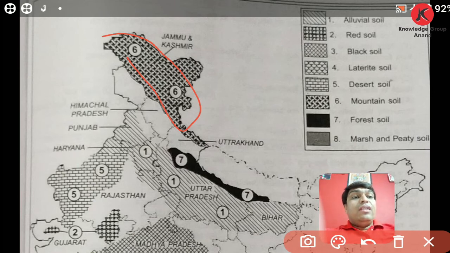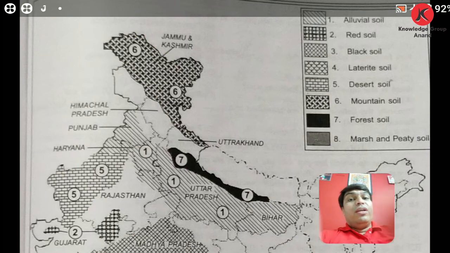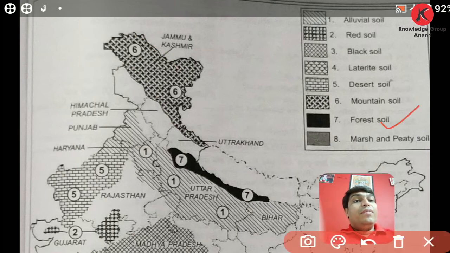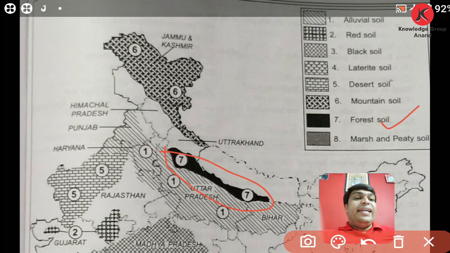Now friends, talking about the forest soil, you can see this region, forest soil. As we know, the surface of the forest land is covered with the shed leaves that fall in the forest. These leaves decay and form humus, which in turn becomes the upper part of the forest soil.